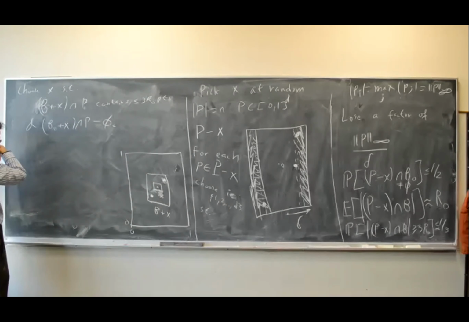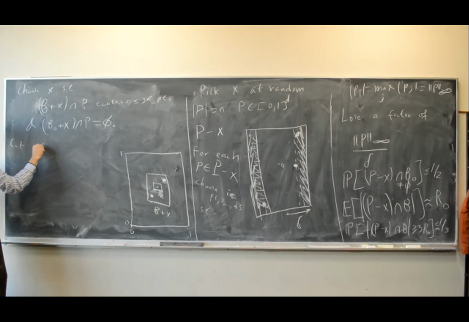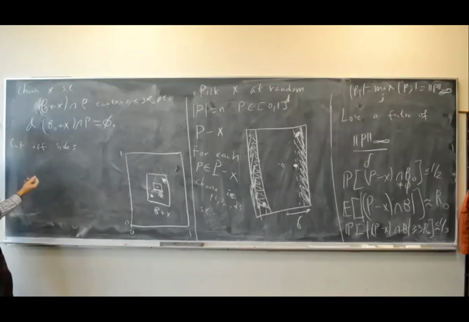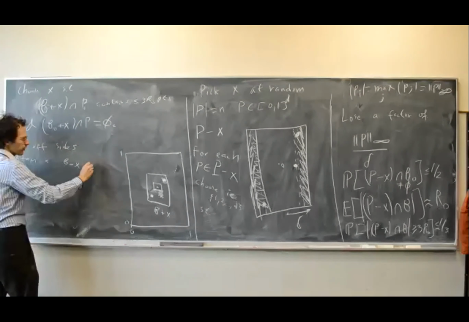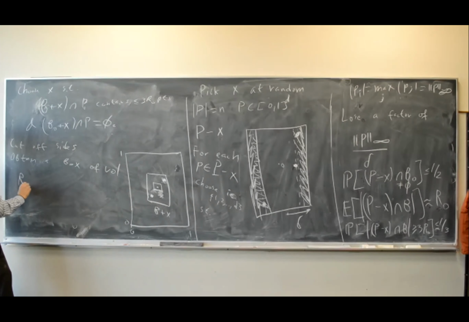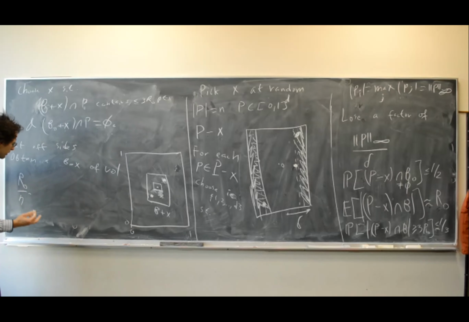So what did we lose? What's the cutoff decides, as explained, is the volume of the remaining box. We obtain a box of volume, well, first of all, it started off as a volume R0 over n, and then we lost a bunch of times.